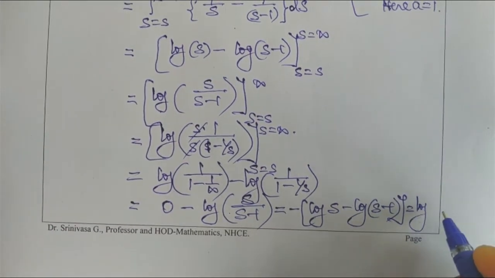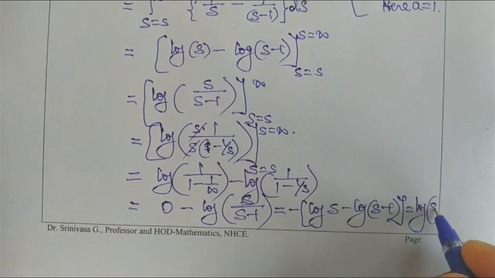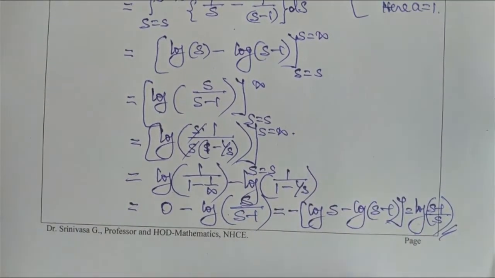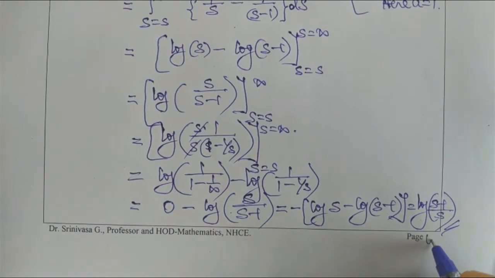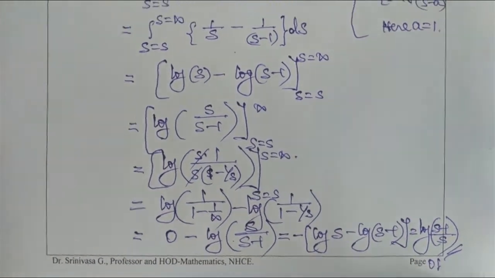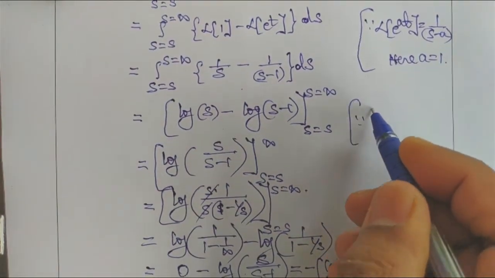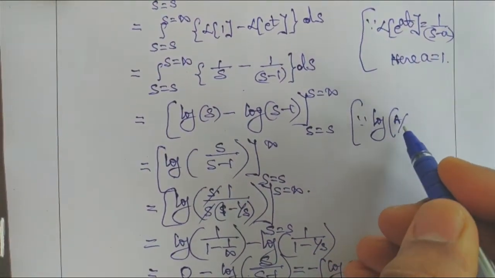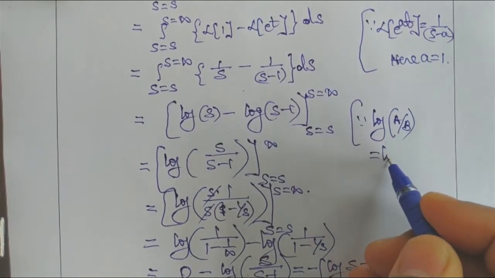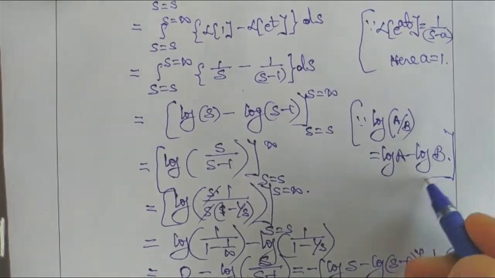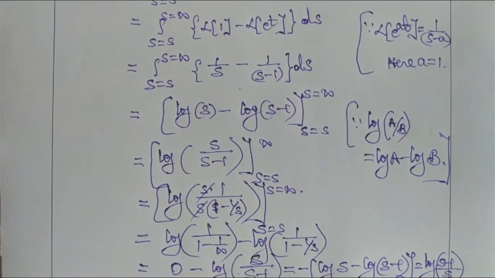So log of (s minus 1) divided by s. This is your answer. Here you remember one formula: log of a by b can be written as log a minus log b, one of the logarithmic properties you people should know.